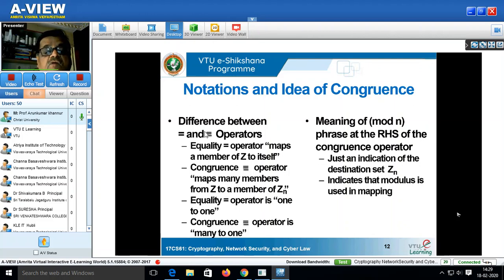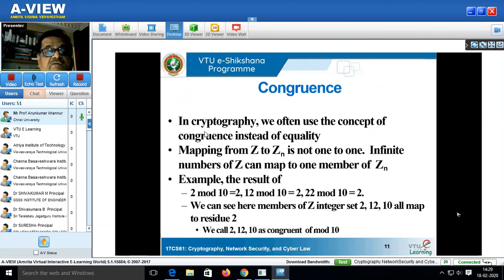However, the congruence operator is many to 1. We had seen this earlier: 2 mod 10, 12 mod 10, 22 mod 10 all gave the value 2 in the residue. So 2, 12, 22 are considered congruent mod 10 and mapped to the value 2.